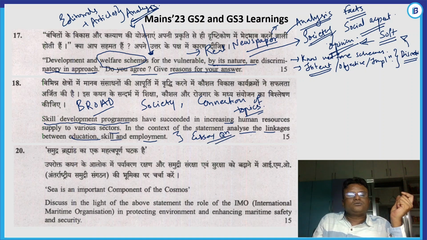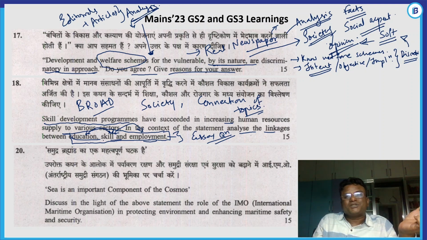So you need to explain how these things are important, and you need a good understanding of employment. There is a question on employment specifically in this paper too, about how it is measured, etc. But look at this question. It talks about education, skill and employability.